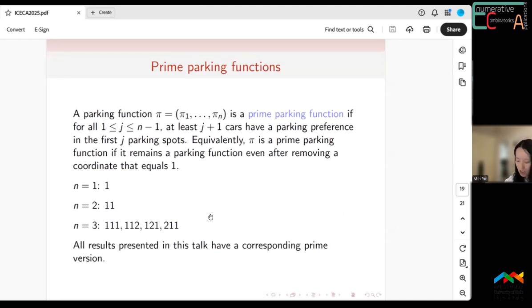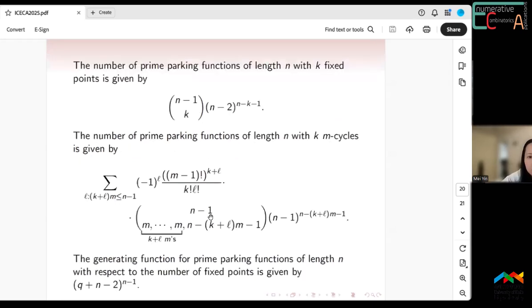You see for n equals 1, 2, 3, the prime parking functions are a smaller subset of the general parking functions. All results presented here have a corresponding prime version, and here is the prime version for all the results. You can see that most of the time we just need to change n+1 to n-1 at some respective places. They also have nice asymptotic formulas and so on.